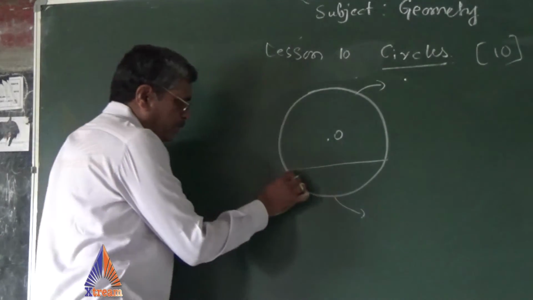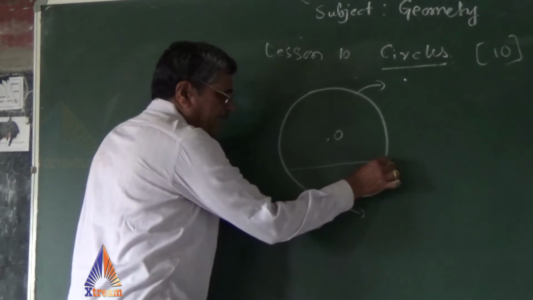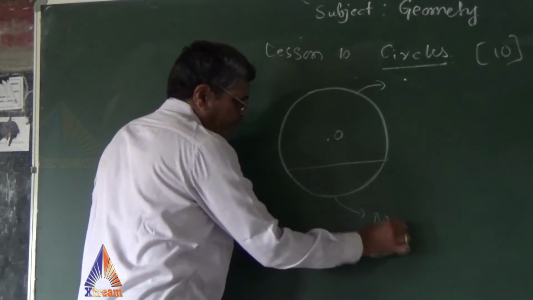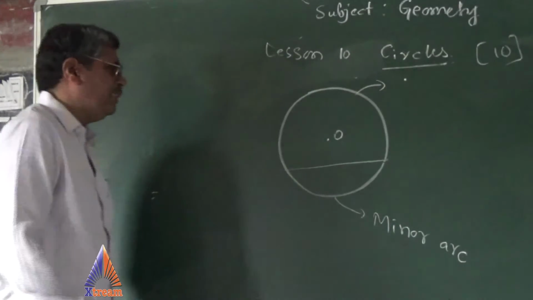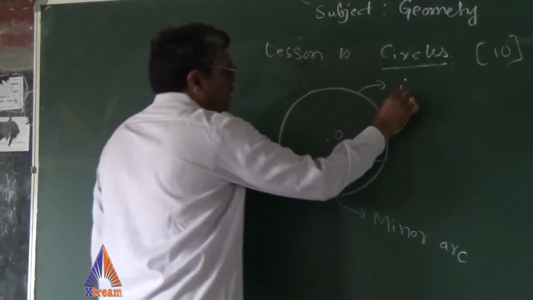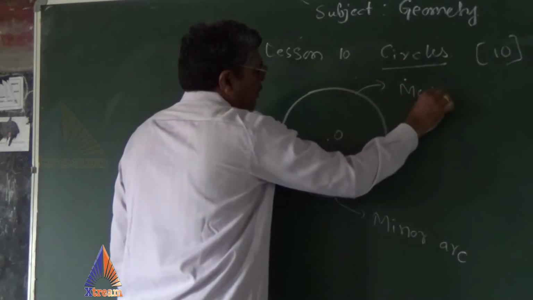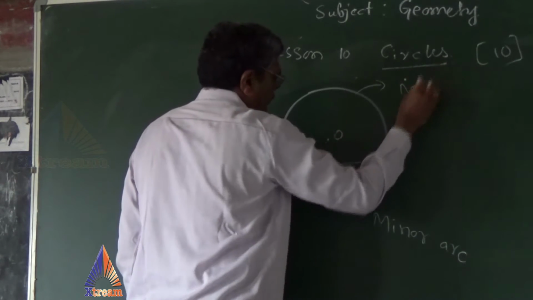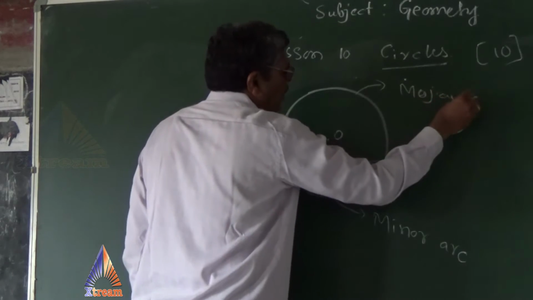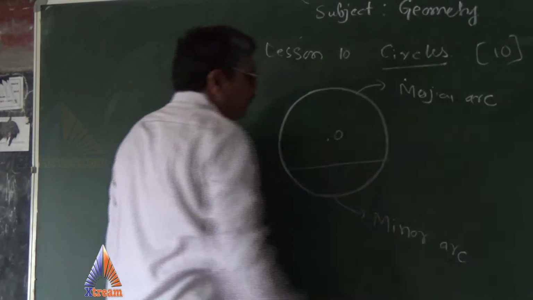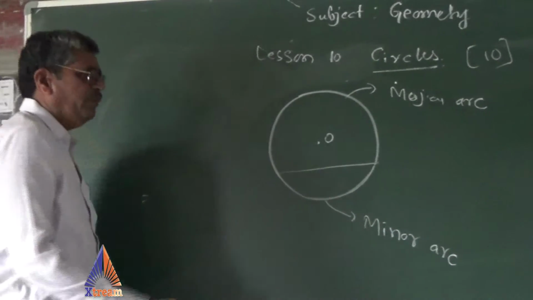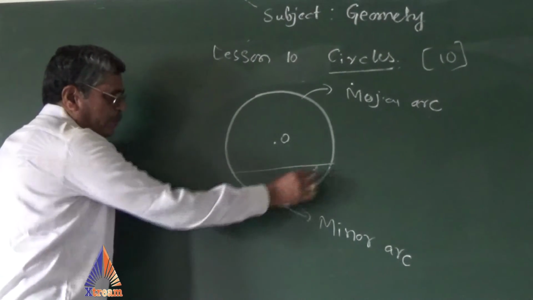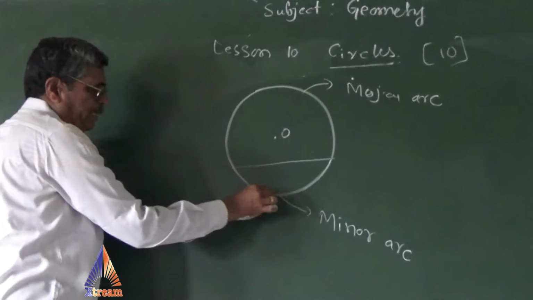If the smaller portion of an arc of a circle is called the minor arc, the major portion of an arc is called the major arc.